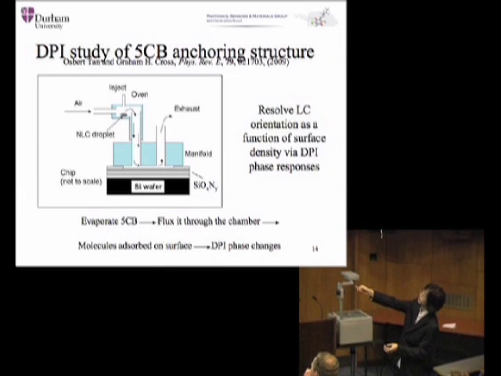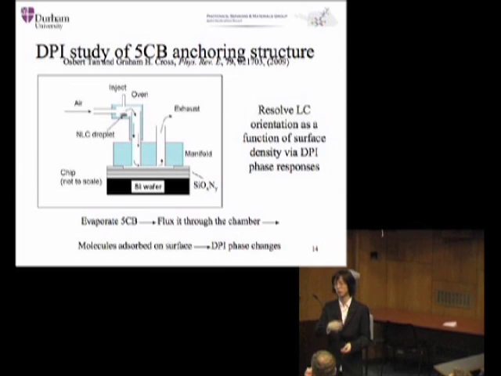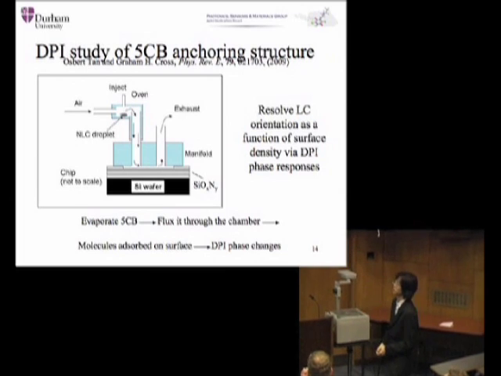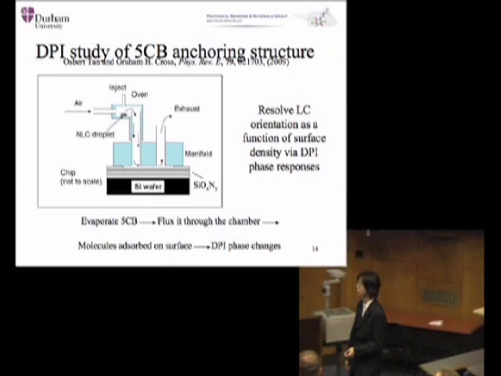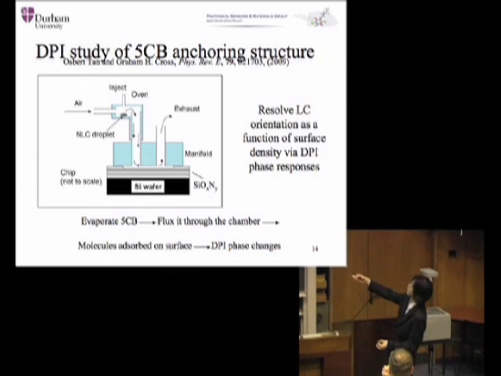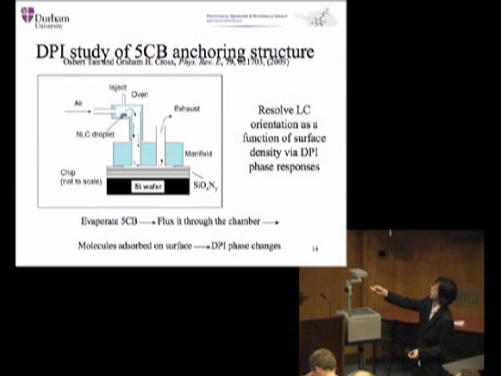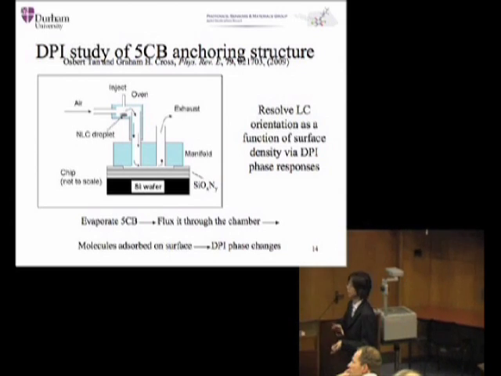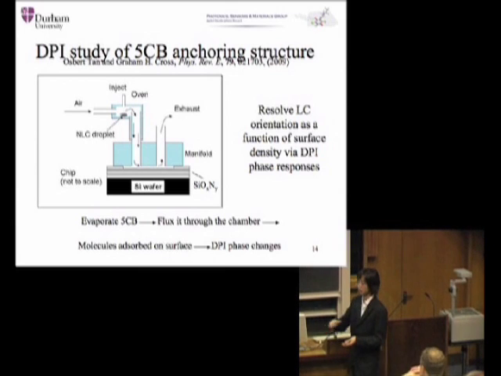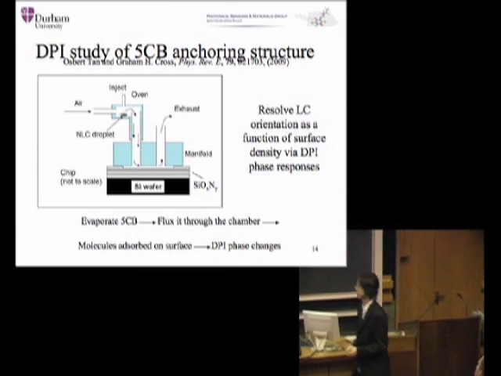And we're pushing the air to generate some sort of liquid crystal flow into this chamber here, which is built upon the waveguide surface. So part of the molecules will be adsorbed on the waveguide surface to cause the DPI phase changes. And just remember that the waveguide material is made of silicon oxynitride. So we are basically talking about the 5CB anchoring structures on the silicon oxynitride surface.